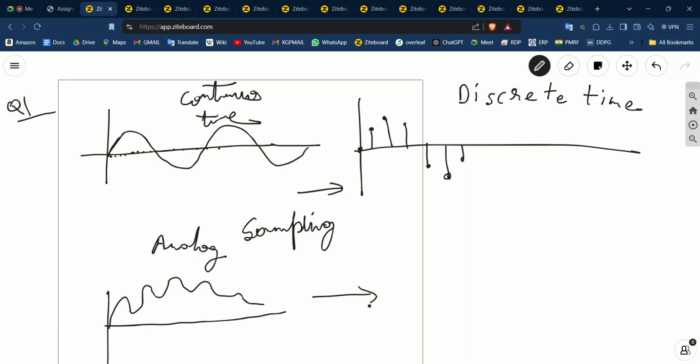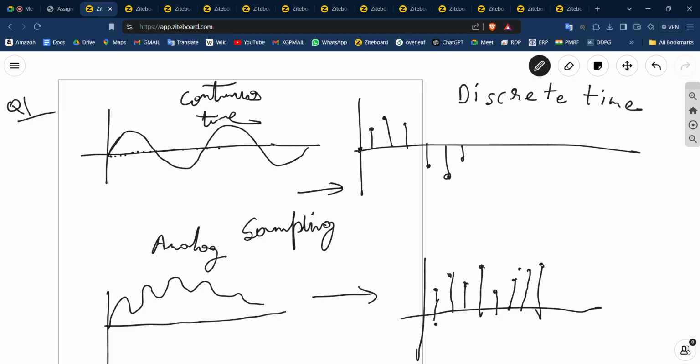Now, if I sample, I will get something like this. This is a discrete time signal, just like the previous one, but this is still not digital.